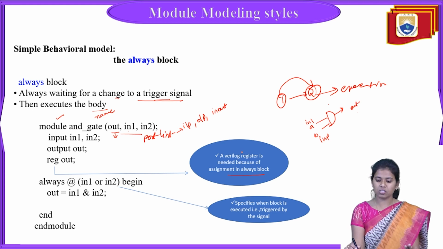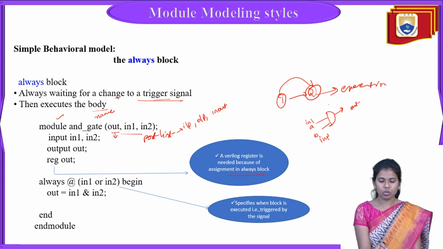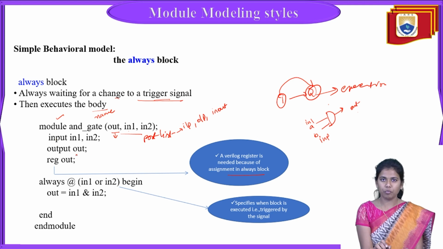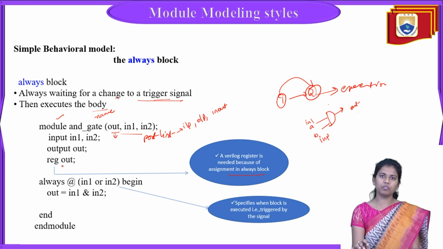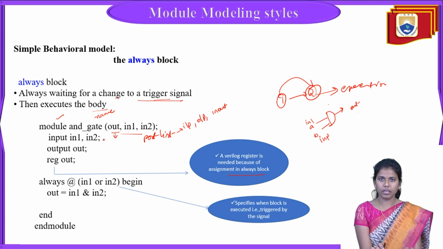The Verilog register is needed, so that is the reason we are representing the register out. The information will be stored in this particular register. These registers are by default maintained in Verilog. So: input in1, in2, output out, and the register out.